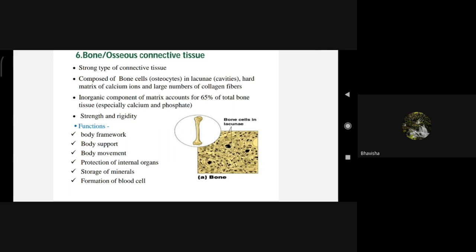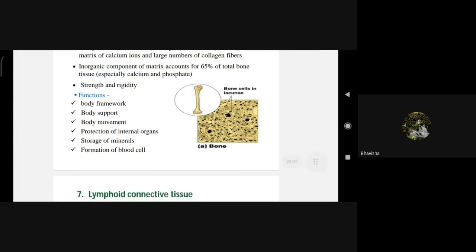This provides strength and rigidity to our body. The main functions are, first, body framework. Obviously, our skeletal system is responsible for the framework of our body. Our structure depends on our skeletal system only.